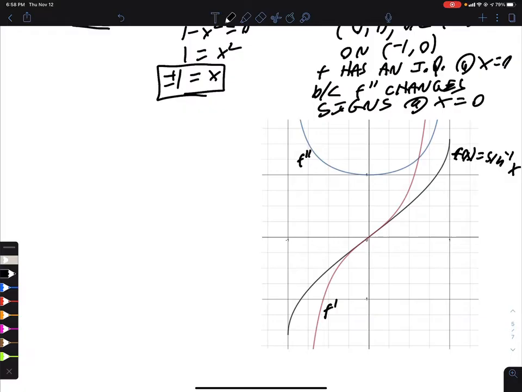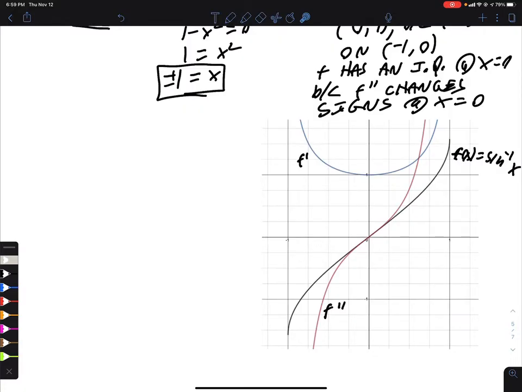I think, let me evaluate this. It might be switched actually. I think it is actually switched. Let me double check. Yeah, that's going to be correct. We got this. Okay, we're good.